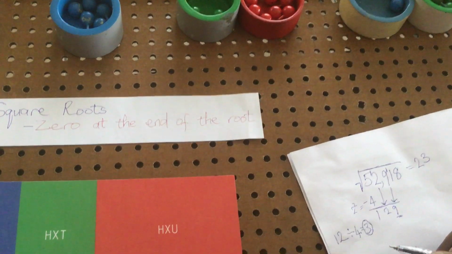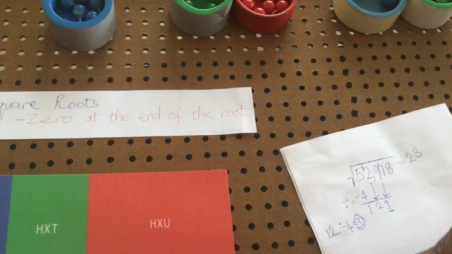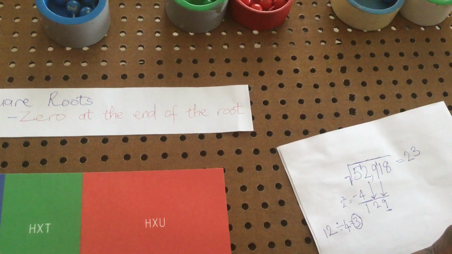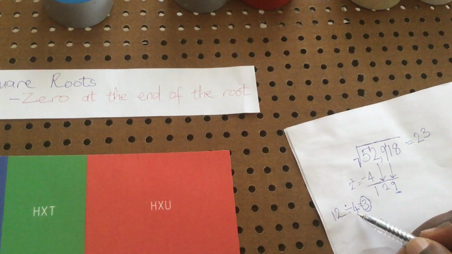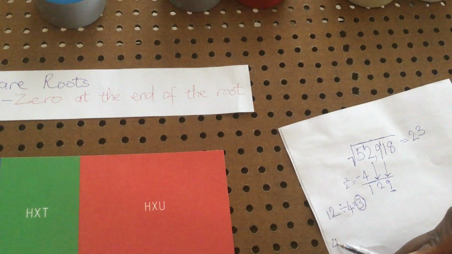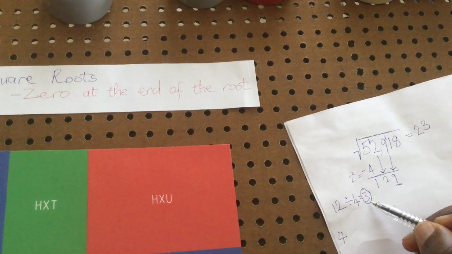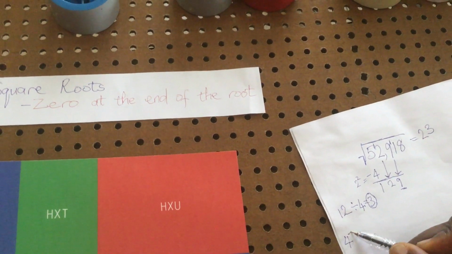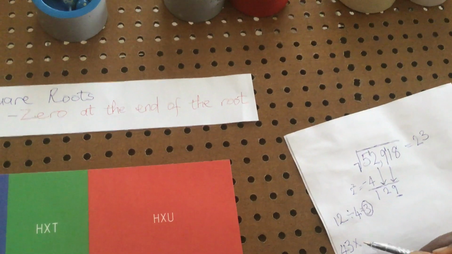So to calculate what we would have used up, we use our rule. Our trial divisor here is 4. So we bring 4 here. We attach to 4 the root we found, which is 3, and we multiply that by the root.